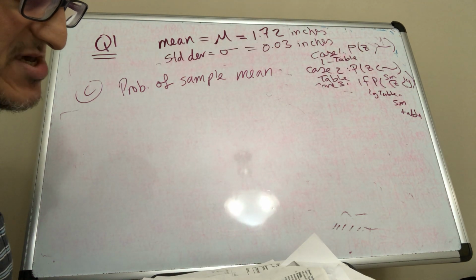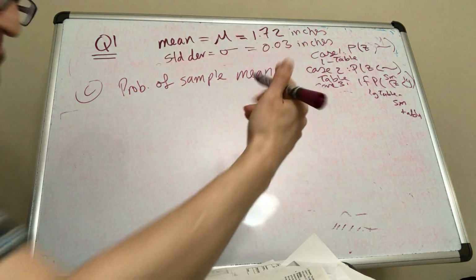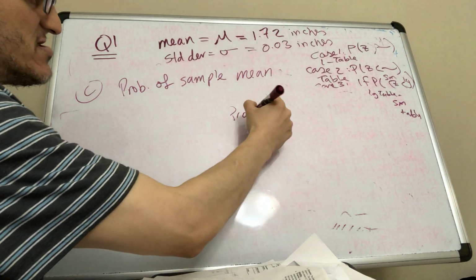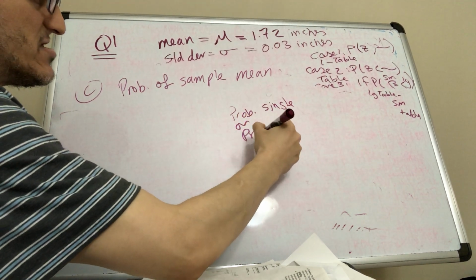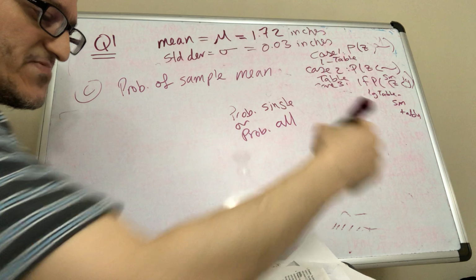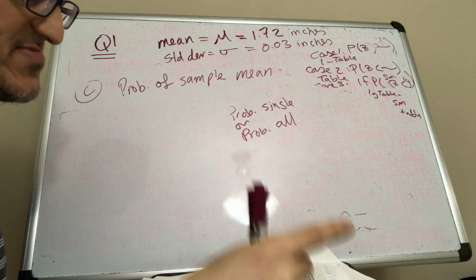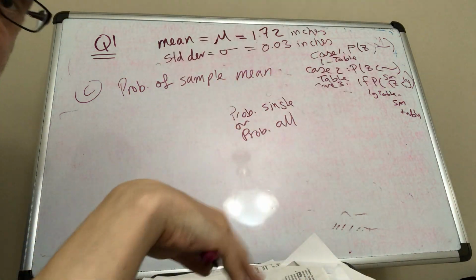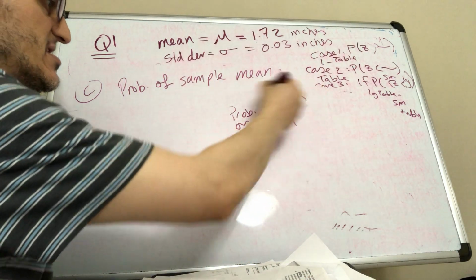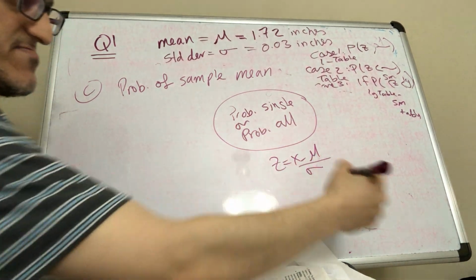Question A, if you read the third line, what's the probability of a golf ball? Is it probability of a single or probability of all? If they say, what's the probability of a selected golf ball, or even if they say, what's the probability that golf balls, if they talk about all, in either case, you use X, mu, sigma.